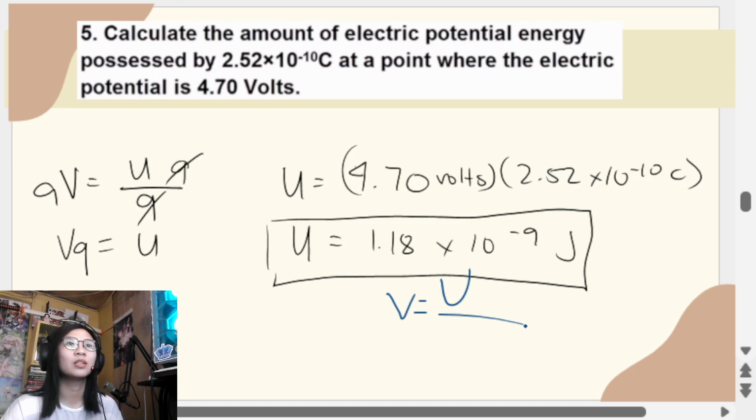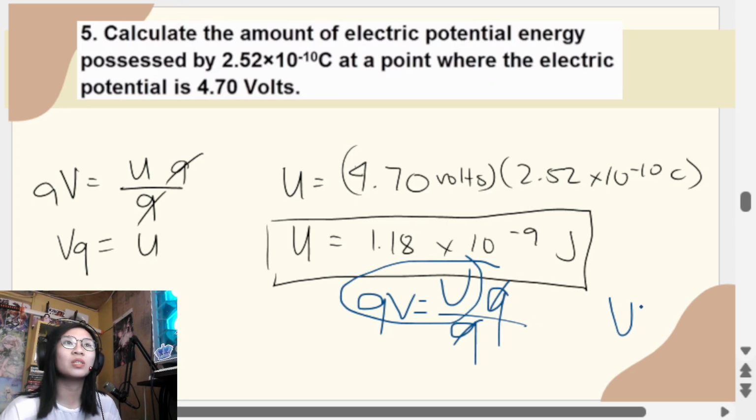From the original V over Q, we are looking for U. So as I have always done before, we multiply both sides by Q, and then we get this formula: U is equal to charge multiplied by the potential, not voltage, since potential is different from voltage. So this is what we use today.